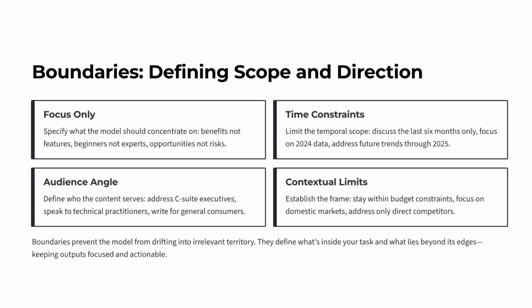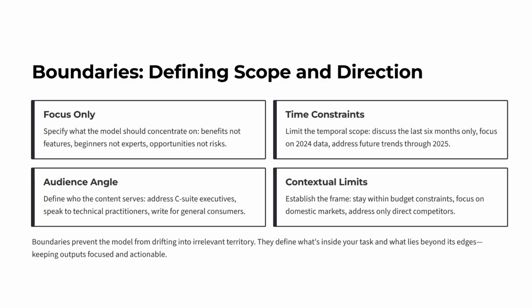Boundaries prevent the model from drifting into irrelevant territory. They define what is inside your task and what lies beyond its edges. Examples include focus-only boundaries, such as concentrating on benefits but not features, or beginners rather than experts. Time constraints, such as discussing only the last 6 months or focusing on 2024 data.